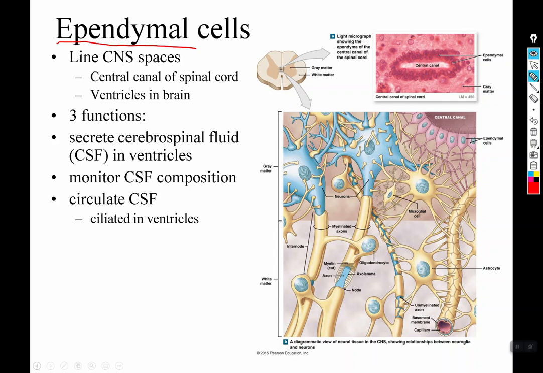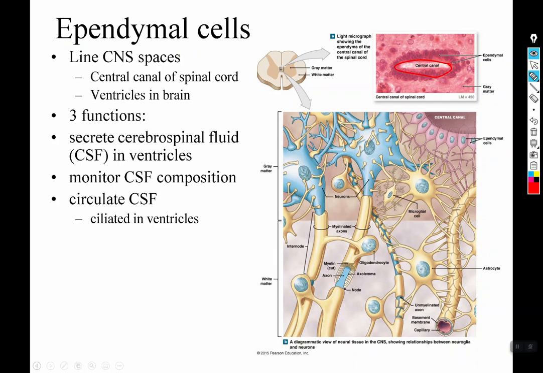So in the spinal cord, that is the central canal, which is a tube that runs through the middle of the spinal cord. And in the brain, that's going to be the ventricles, which you don't really know about yet, but these are spaces filled with fluid. So you'll learn all about those when we get to the brain stuff.